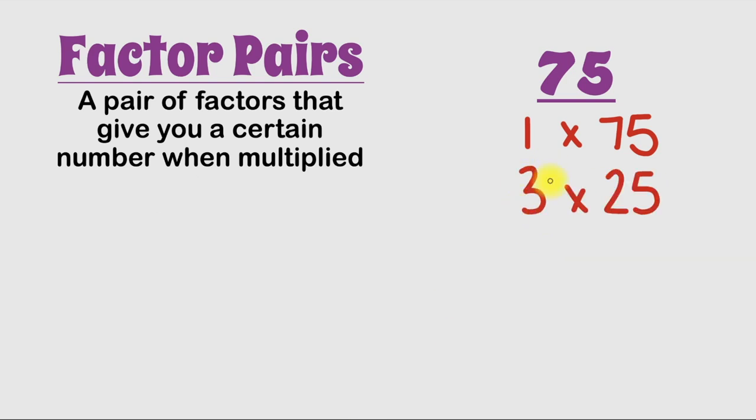So we know 3 can go into 75, 4 can't go into 75, but because 75 ends with the digit 5, that means 5 is definitely a factor of 75. And how many times can 5 go into 75? Let's find out.